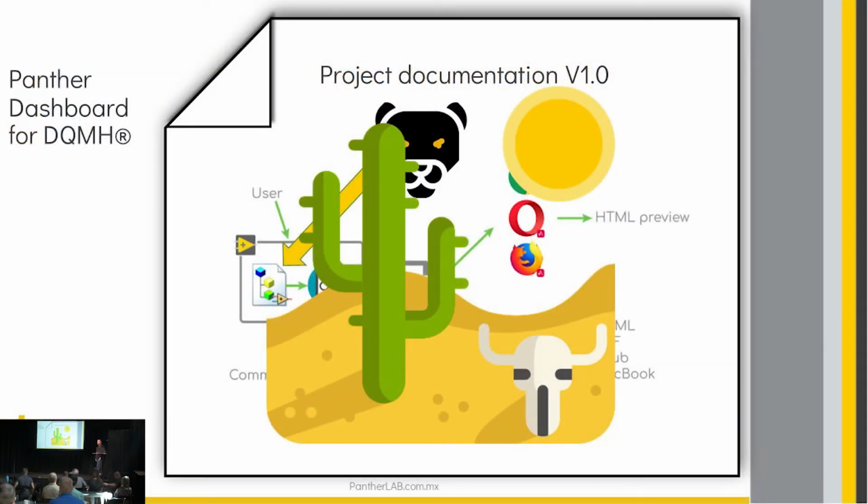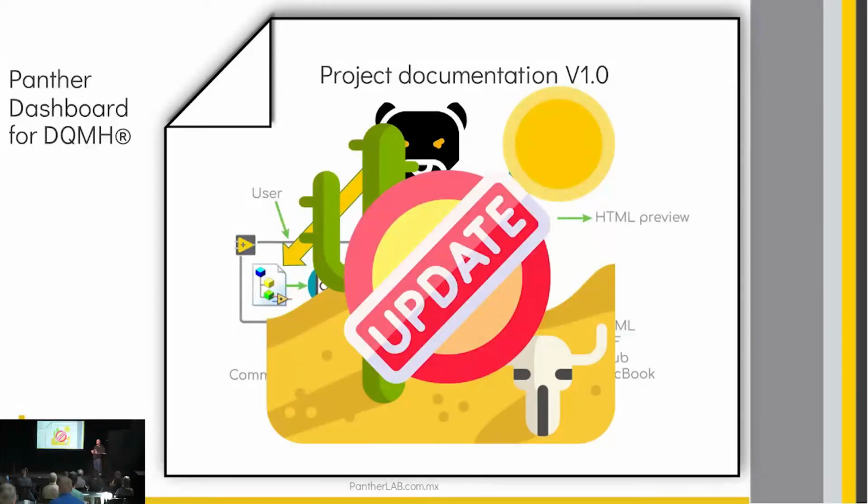So for project documentation, sometimes we have projects with DQMH, but the documentation looks like this, like a desert. There is nothing documented. Or the project is an ongoing project, and you just need an update. So this is another situation.